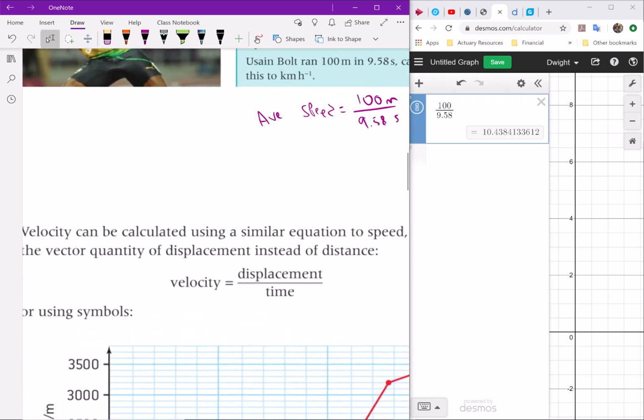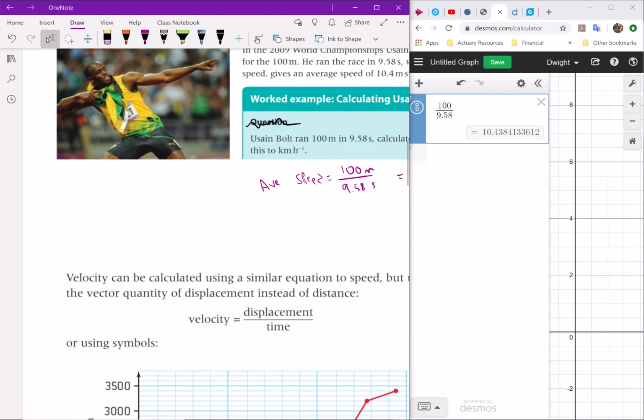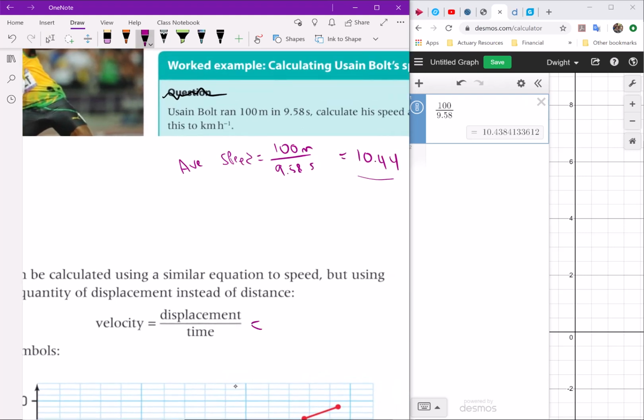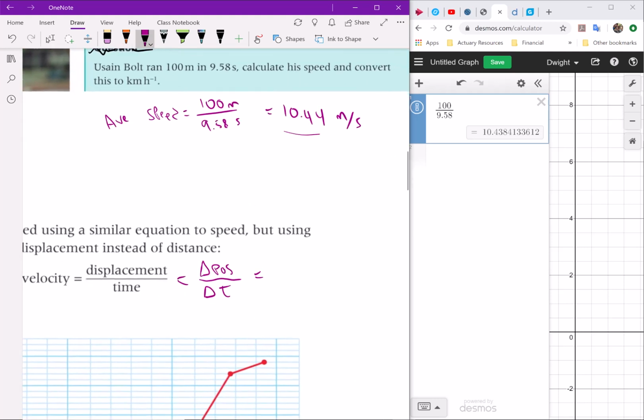When we get to velocity, which remember is a vector, we have to use displacement over time, right? Remember, displacement was a vector quantity as well. And so usually the way we're going to do this is velocity is displacement over time. You want to think about this as change in position. Remember that triangle thing, that delta, represents change. Change in position over change in time. And one way to find this is to do d final, and d represents position, minus d initial.